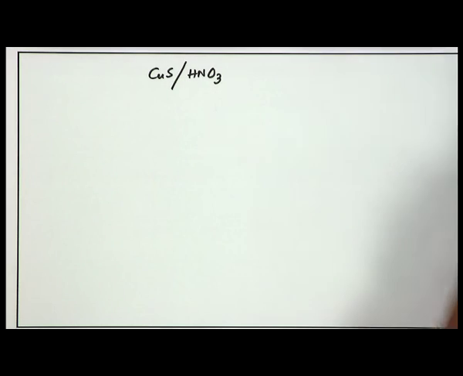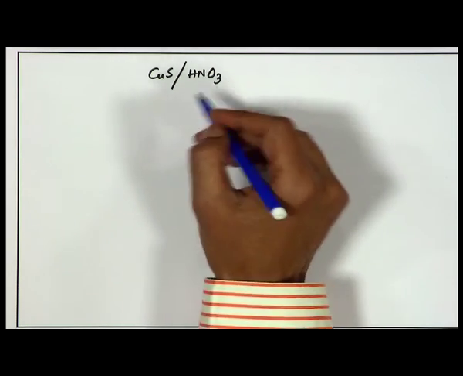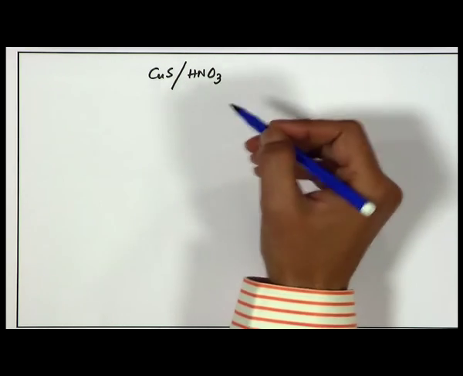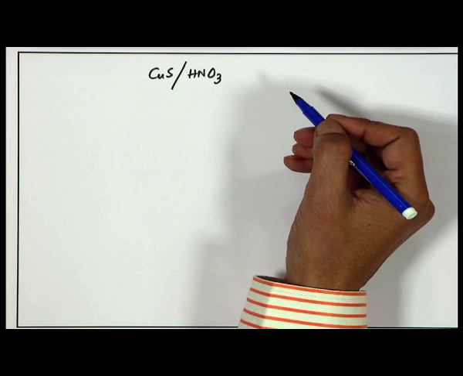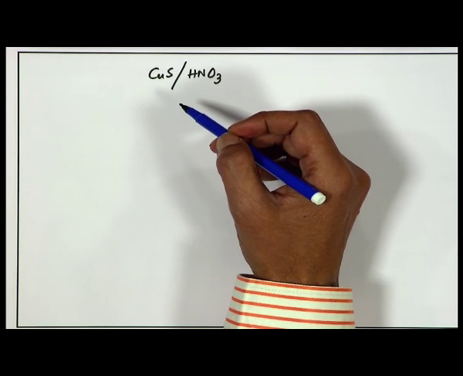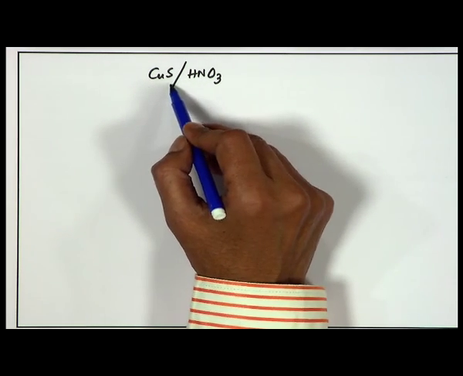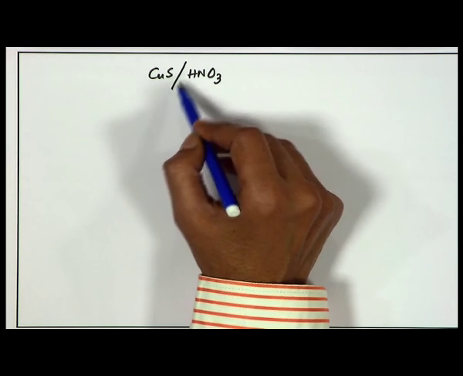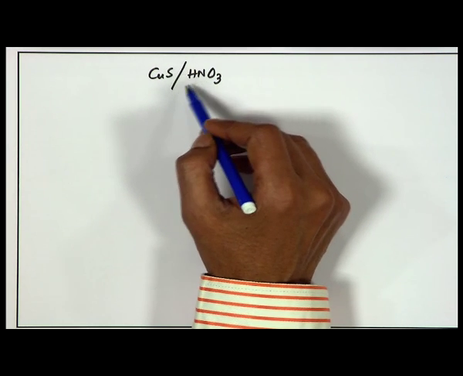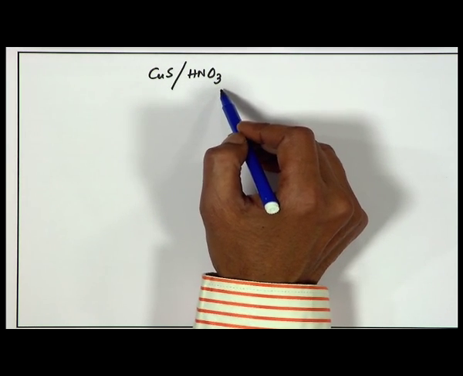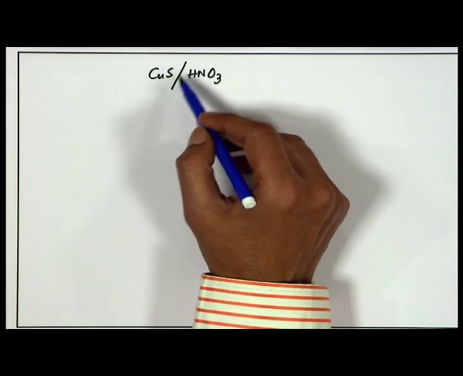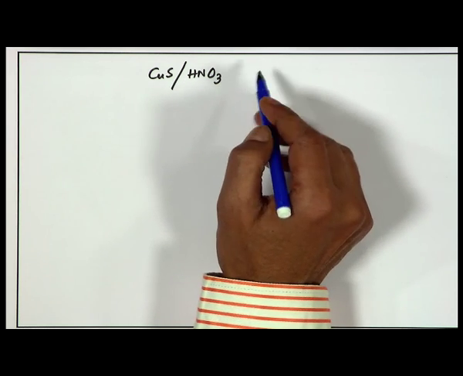We should know how the reaction goes and ultimately be able to write the balanced redox reactions in terms of the number of electrons transferred between the oxidants and the reductants. So, cupric sulfide, we know, can be precipitated in the group separation table in analytical chemistry or in organic chemistry practical classes, and it can be dissolved in nitric acid.